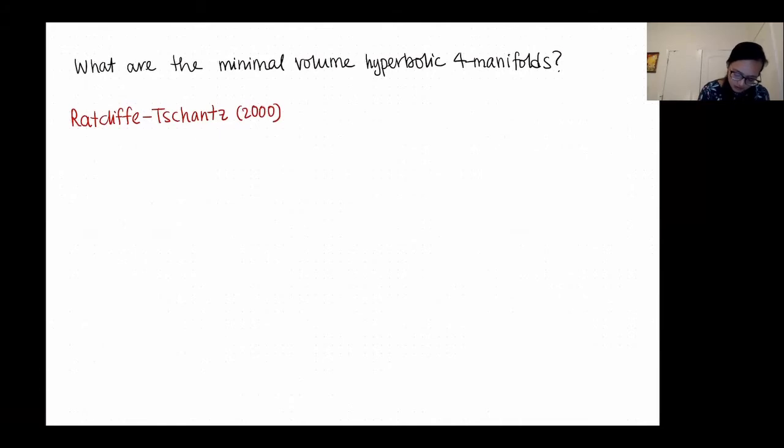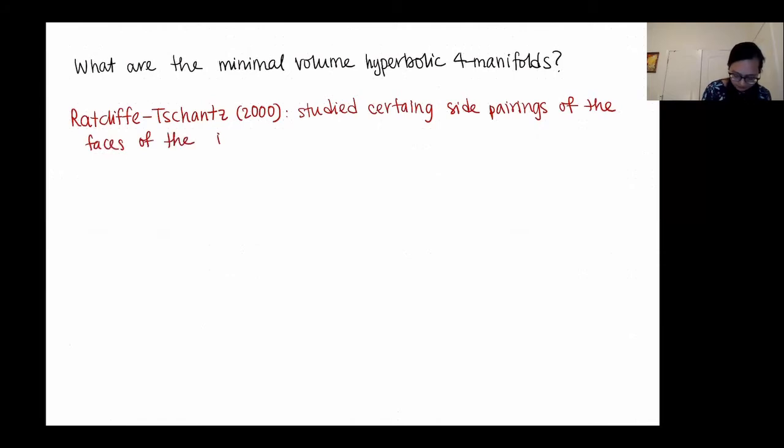So what they did is that they studied certain side pairings of the faces of the ideal 24-cell.